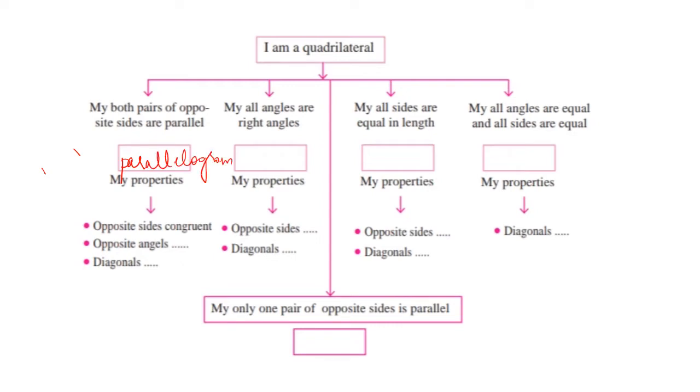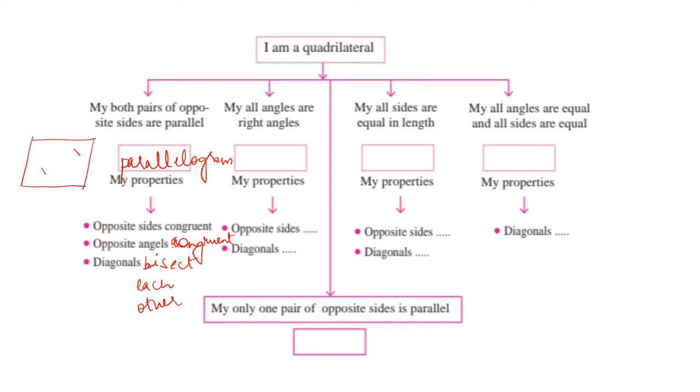The properties are: opposite sides are congruent, opposite angles are also congruent, and the diagonals bisect each other.